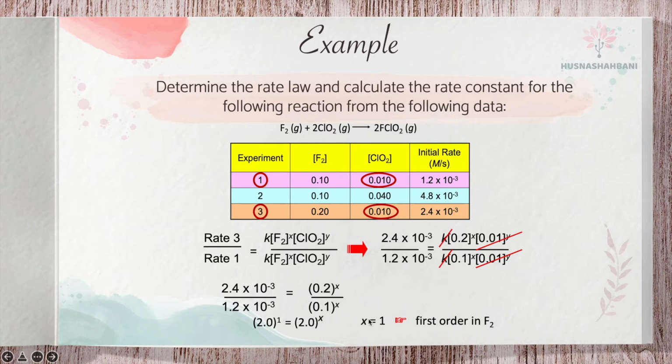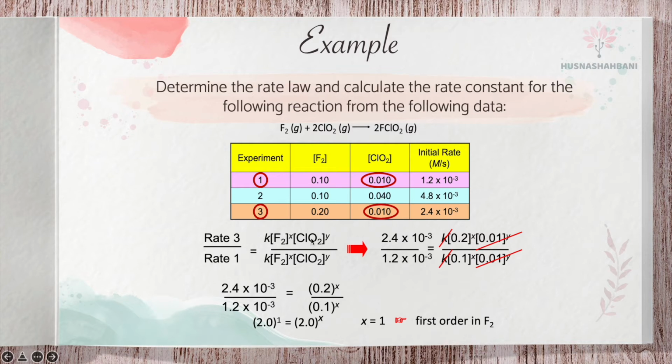So this x is the power for F2 here. When you look at the rate law, x is the power for F2. So you can say that it is first order with respect to F2. Okay, this is the first order. F2 has the first order reaction.